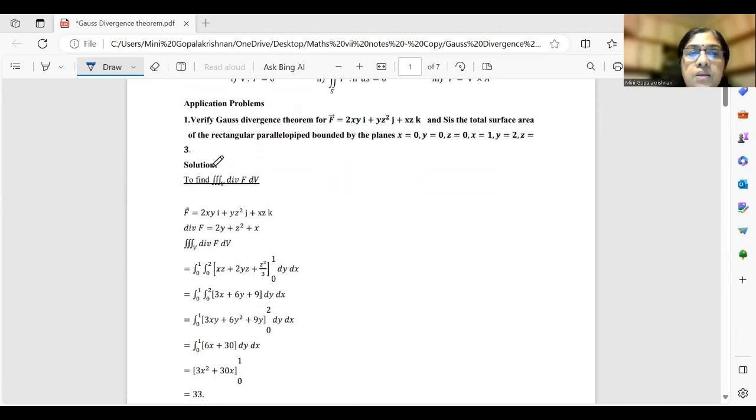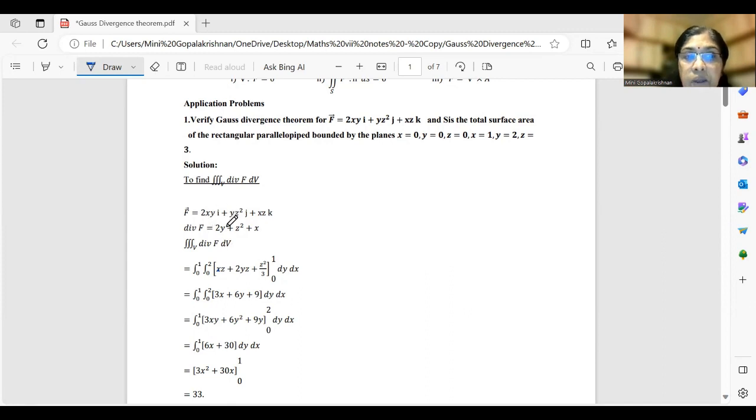So the right hand side will be the triple integral over V of divergence of f dV. dV means it is dx, dy, dz, where we have got the range of x, y, z. So before that we need divergence of f.